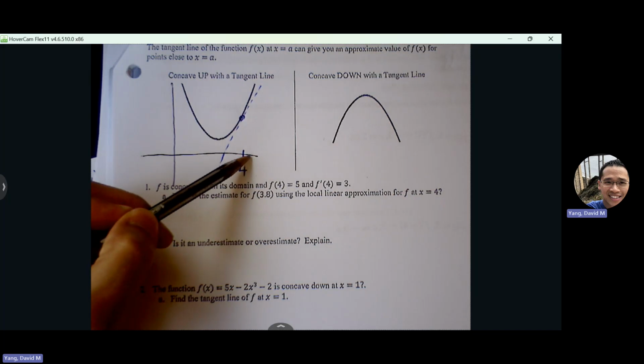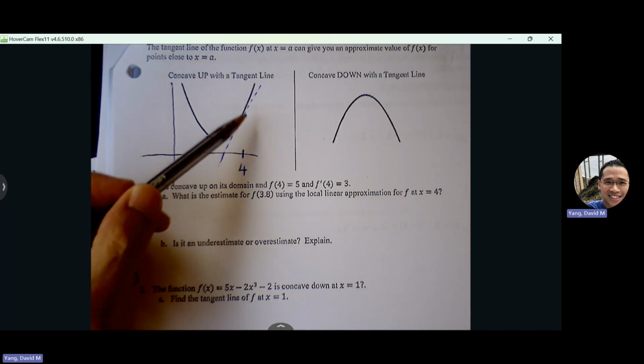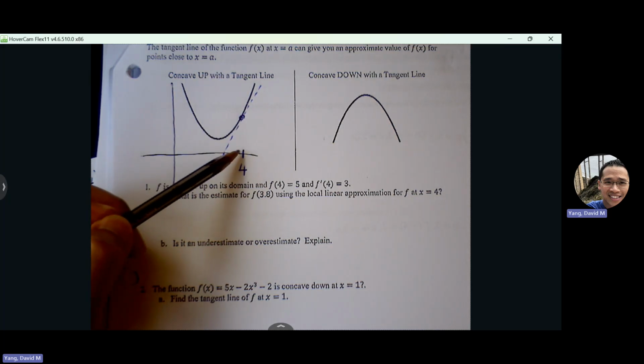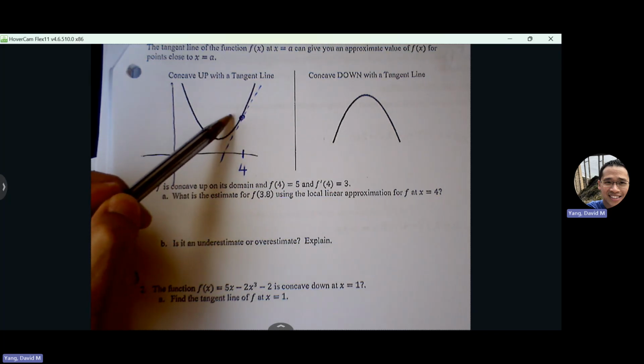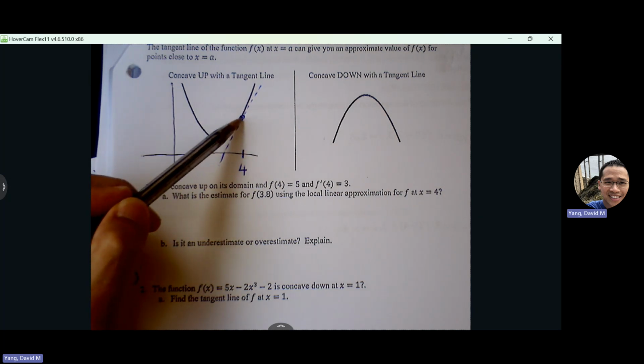But if it's 4.1, is 4.1 going to be the same y value on the curve versus the line? They're not, right? But it's going to be pretty close. And so that's enough for us to do an approximation. We're going to use the tangent line to approximate values of the curve that's relatively close to that point of tangency.